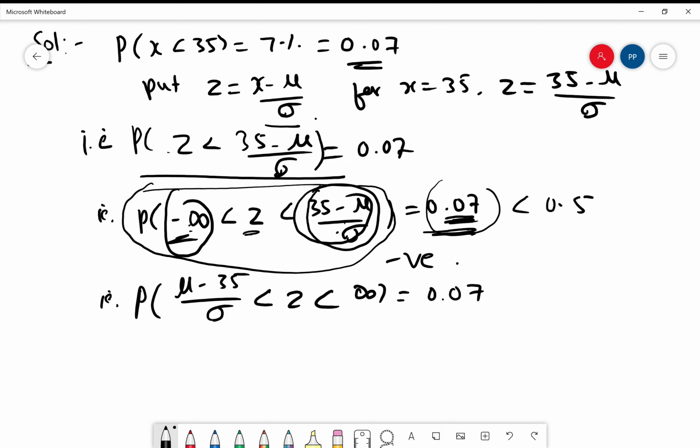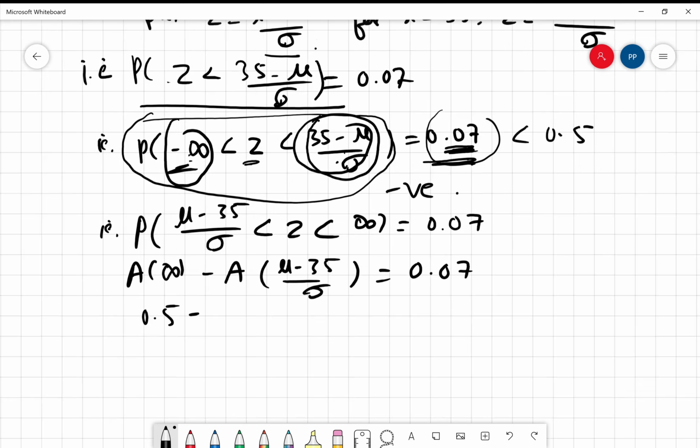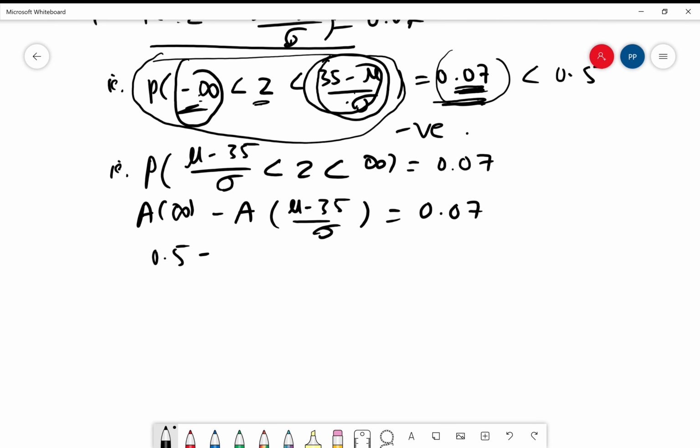Now, by the result, A of upper limit minus A of lower limit, this equals 0.07. Now, A of this is 0.5 minus A of (mu minus 35) by sigma.